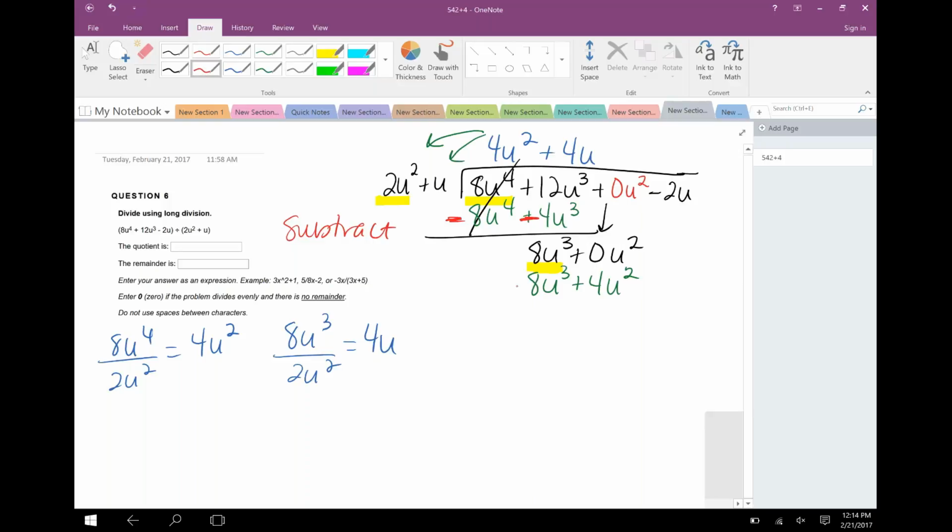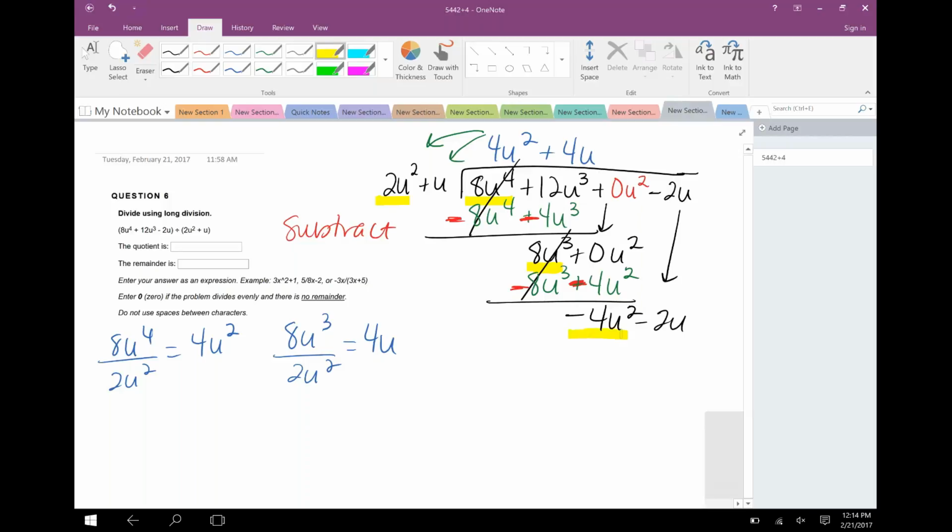Now we're going to subtract, so we're changing all the signs. So when we combine vertically, 8u to the third cancels, and then I have 0u squared minus 4u squared, so that's negative 4u squared. And then bring down that negative 2u. And so now I'm going to divide again.